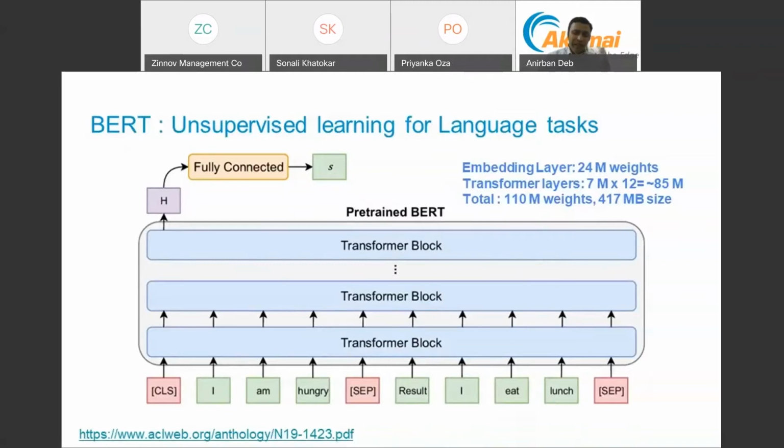Initially, I think they had 12 layers and 12 attention heads, and it had 110 million parameters. Basically, you start with a classification token. You give it a string, you have a separator token, you give it another string, and it can do some processing. For example, it can tell if these sentences are connected or not.